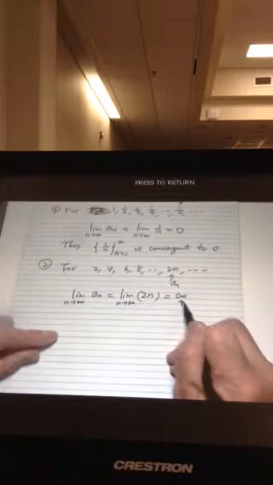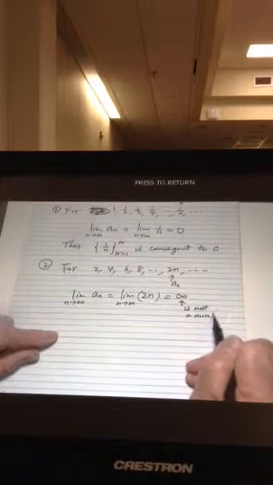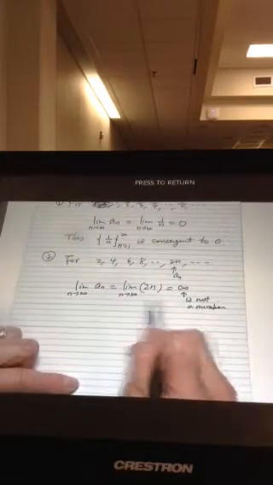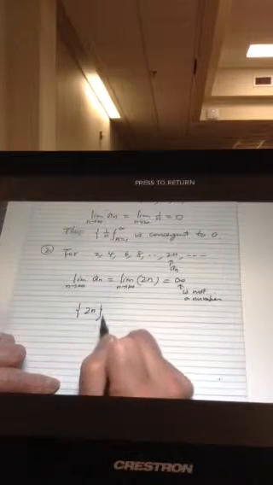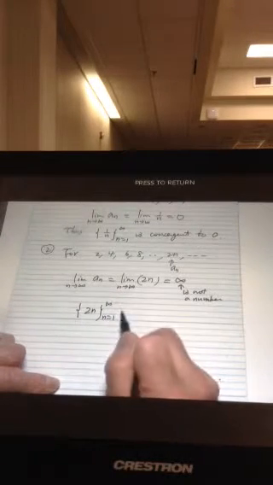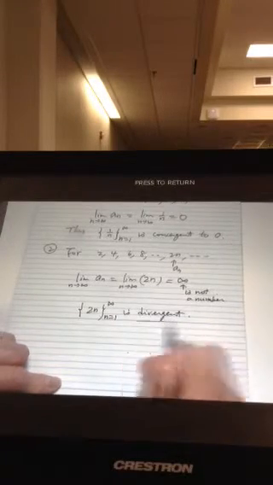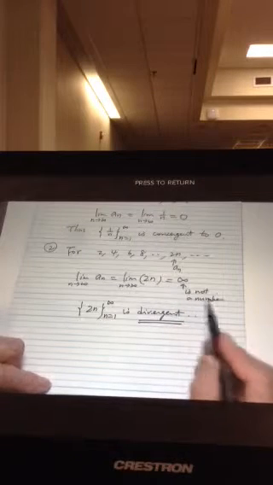Infinity is not a number. Important: infinity is not a number. So this sequence, n from 1 to infinity, is divergent, because it approaches infinity. Infinity is not a number.